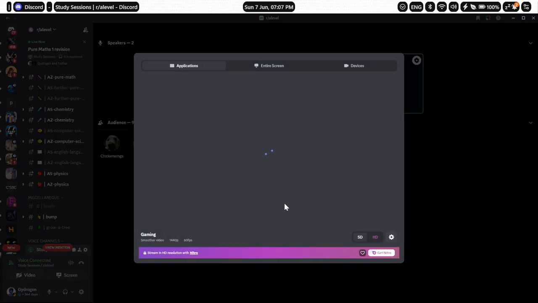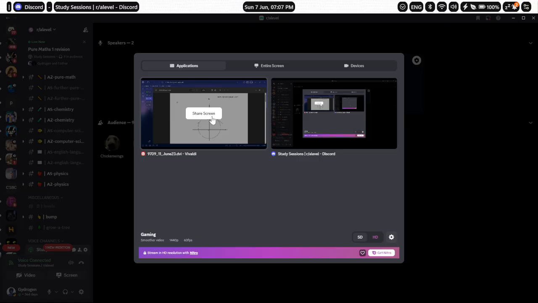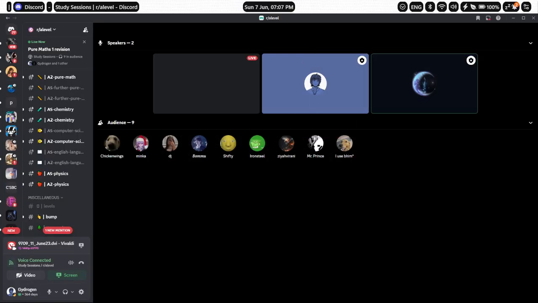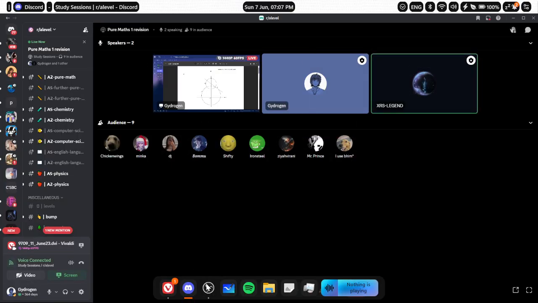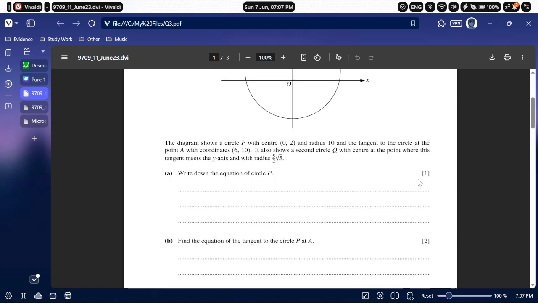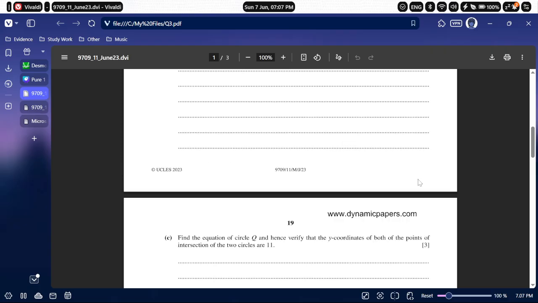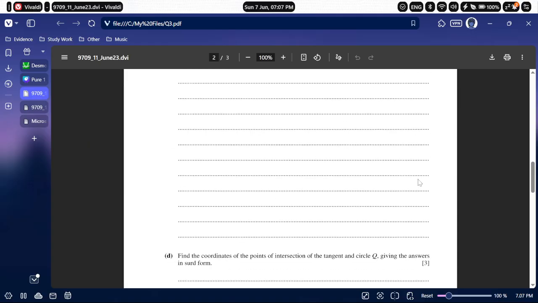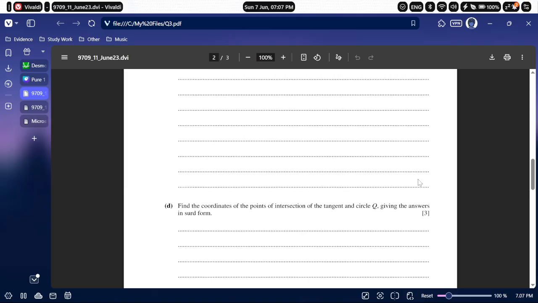For that, you know the coordinates of A, and in part B you would have found the equation of the tangent to the circle P at A. From that, you have the gradient of line A, the line shown where A is. This line goes through the y-axis at a certain point, and this point is the center of circle Q.